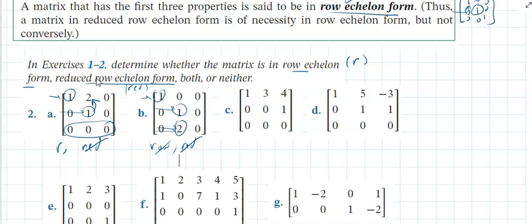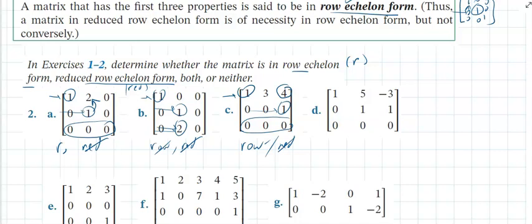Now I look at C, I notice there's a 1 there, very good, there's a 1 there, very good, but the same issue. The third column, there's a 4 above it, which means that the matrix is in row echelon form because the zeros are down there, but it's not in reduced row echelon form.